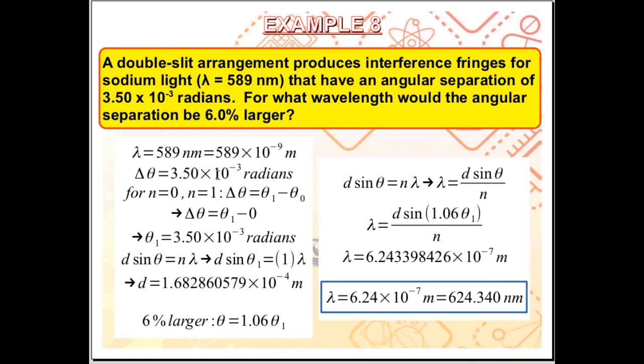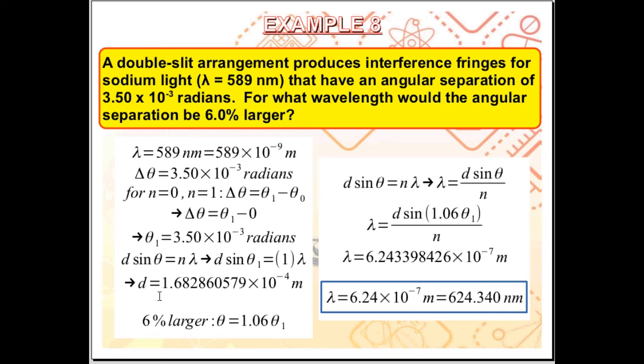Knowing the wavelength, 589 nanometers, we are able to calculate the slit-to-slit distance, 1.68286059 times 10 to the negative 4 meters. The slit-to-slit distance d is the distance between the two slits of the double slit.